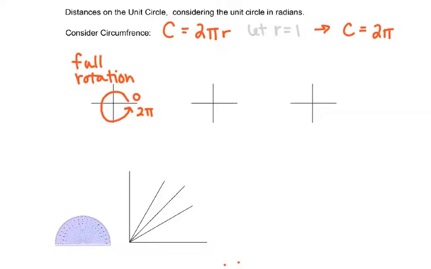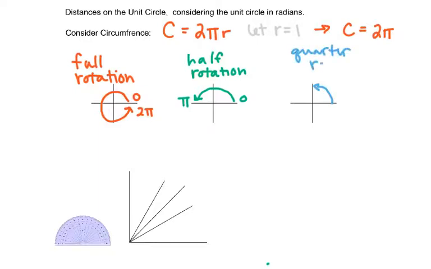Well, it only makes sense then if we wanted to consider half of a rotation. Half of 2 pi, that takes us to 1 pi. Furthermore, cutting that in half again, half of a half, that gives us a quarter rotation.